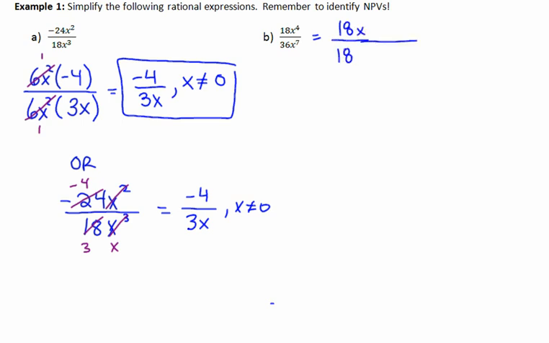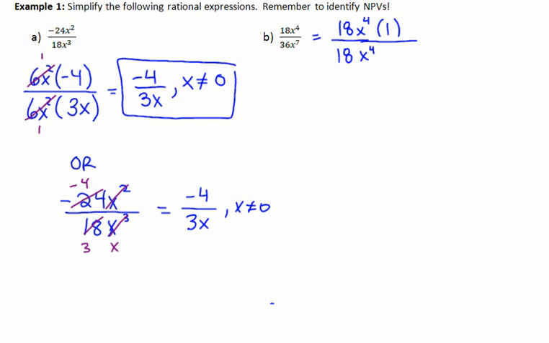X to the 4. Okay, so we're going to change both into a product with 18x to the 4. So what times 18x to the 4 equals 18x to the 4? Just 1. You can even write that there if you like. Okay, and what times 18 equals 36?